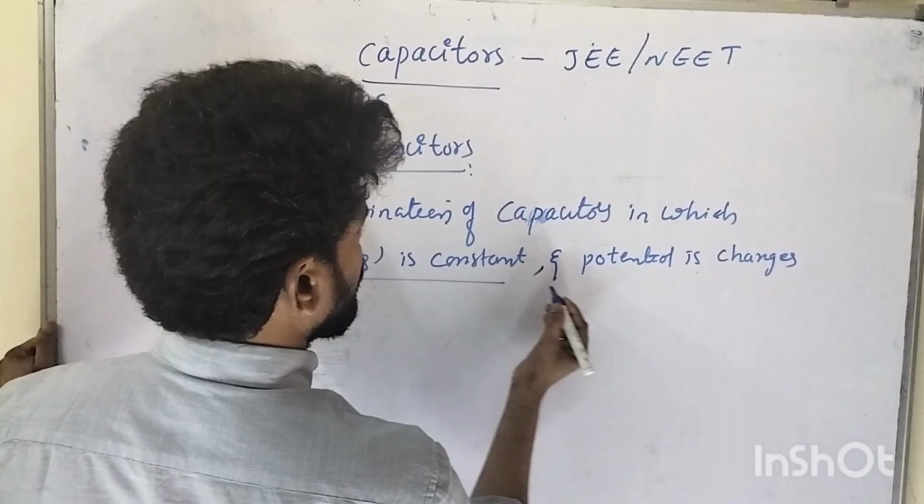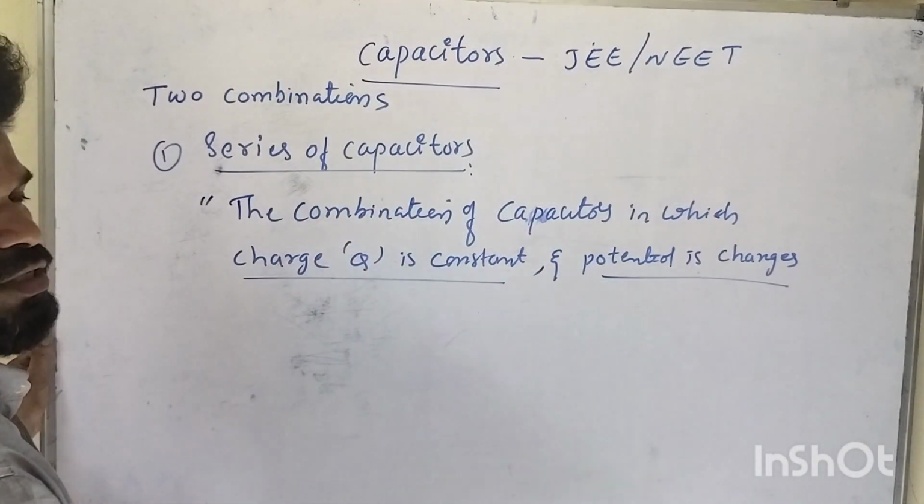Q is constant and the potential changes; this is known as series combination.